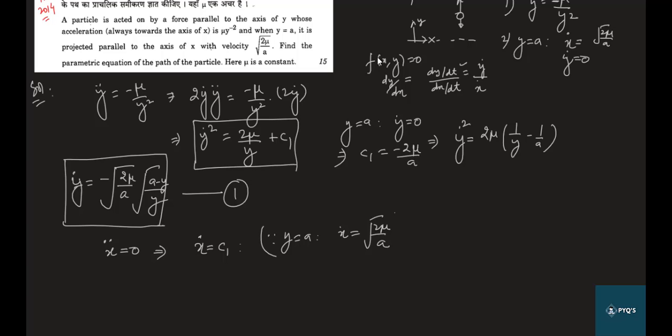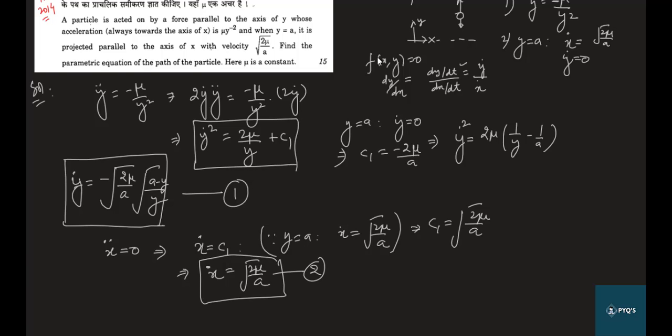Since this is given, so if you put y equals a, there is no y term, x dot equals this, so it implies c1 equals root of 2 mu upon a. So x dot equals root of 2 mu upon a. Okay, so this will be the equation second.